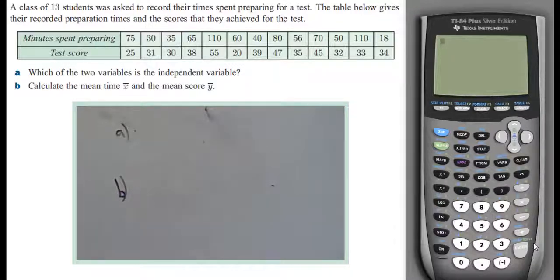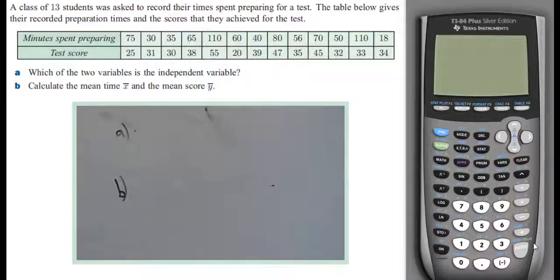So the first question, part A, which of these two variables is the independent variable? I think it's probably a lot easier to think what is the dependent variable. So which variable is most likely to depend on the other one? Does test score depend on minutes spent preparing for the test, or is it the other way around?